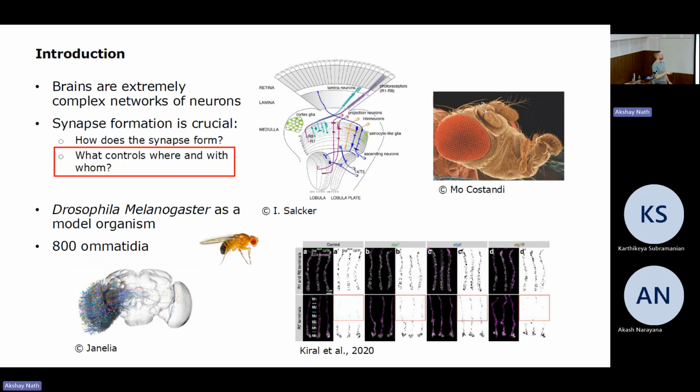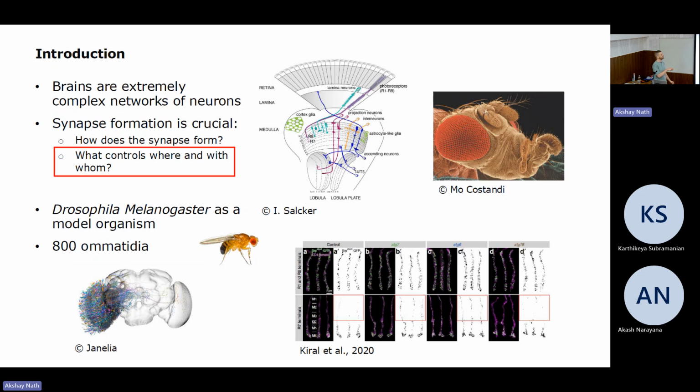If we take a look at this sketch of the optic lobe, you can see this is the retina. So this upper part is what you see here, and these small columnar structures are ommatidia. Each ommatidium contains 8 photoreceptors, called R1 to R8.